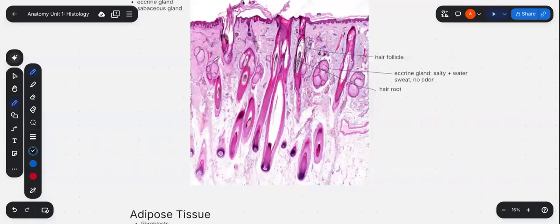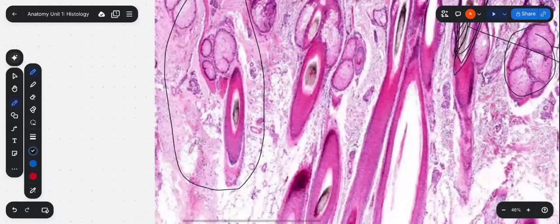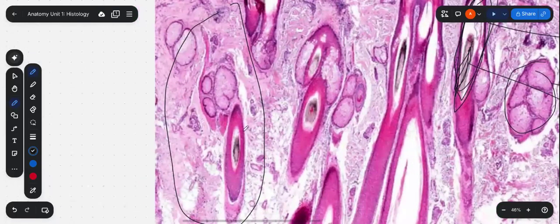Now, if we zoom in on this hair follicle region over here, this one is actually really nice, and I love this little kind of segment within the whole slide because you can see the hair shaft or the hair root over here. Hair root is in the center.